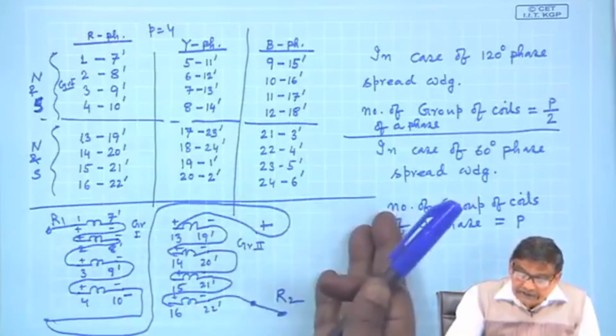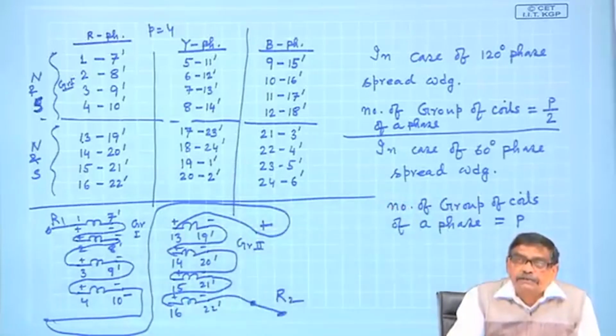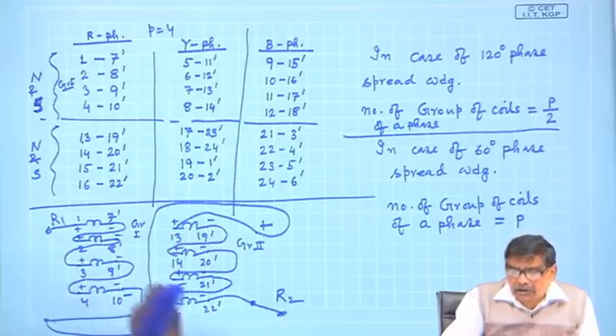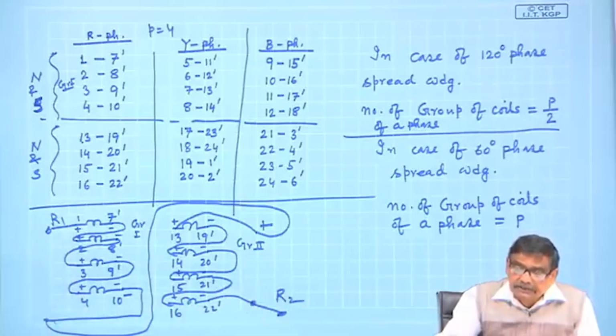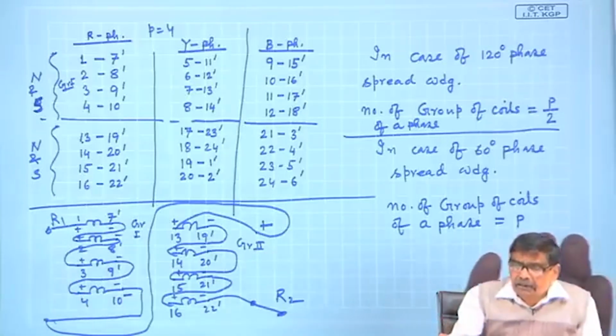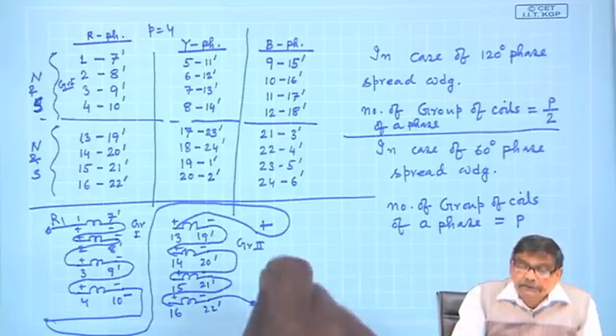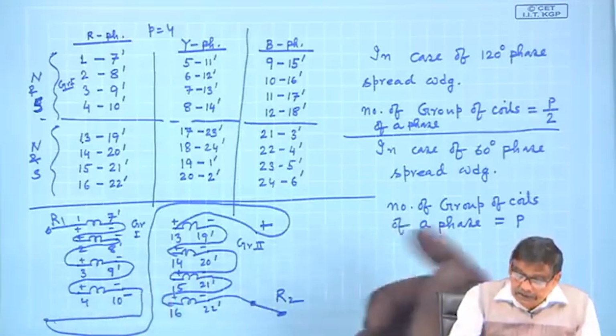But in this case the very distribution takes place based on under a pair of poles. So, over a pair of poles you have 120 degree allotted to R phase in immediate succession, next 120 degree. Therefore, as many pair of poles will be there, so many groups will be there.